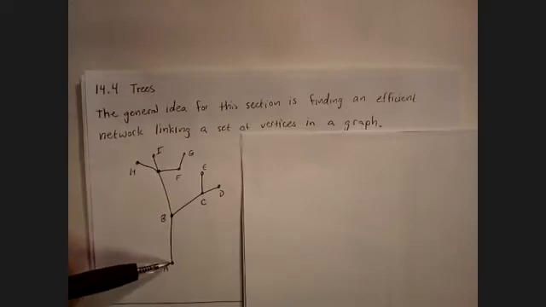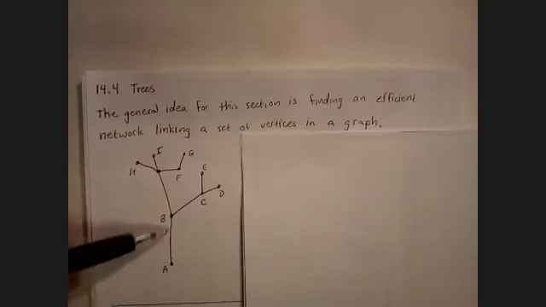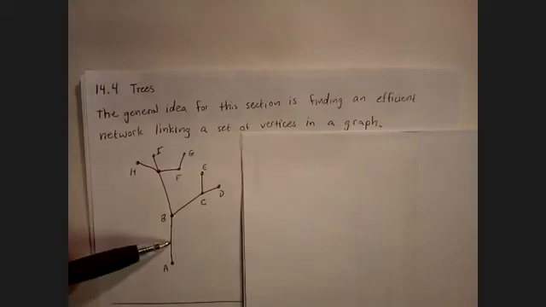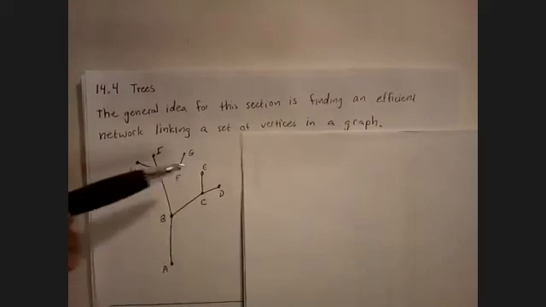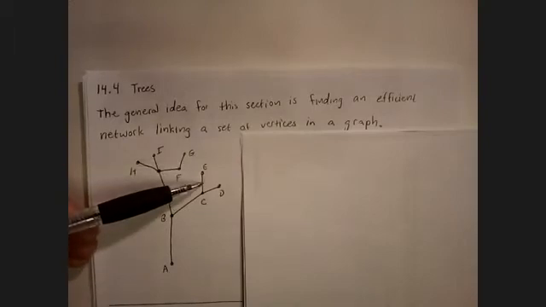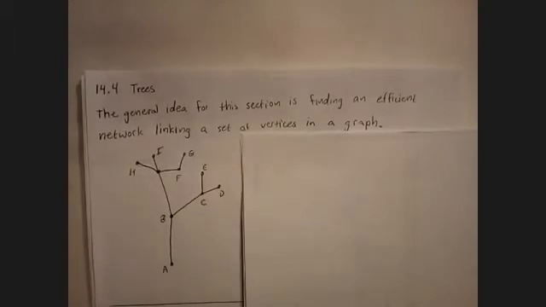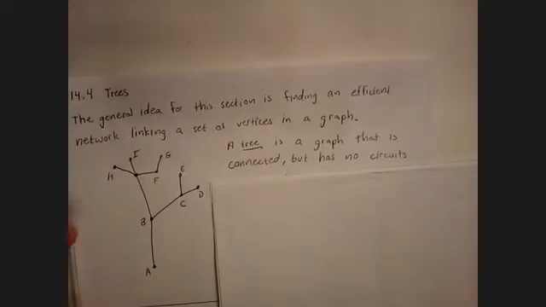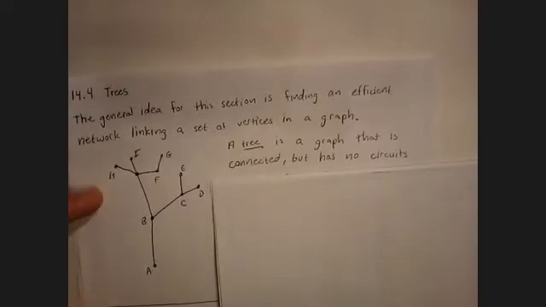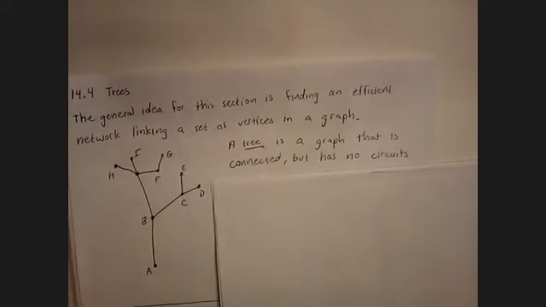You can think that every edge is a bridge. So if I were to remove this edge, then B and A are no longer connected. If I were to remove this edge, E and C are no longer connected. So that's essentially it. A tree is a graph that is connected, but has no circuits.